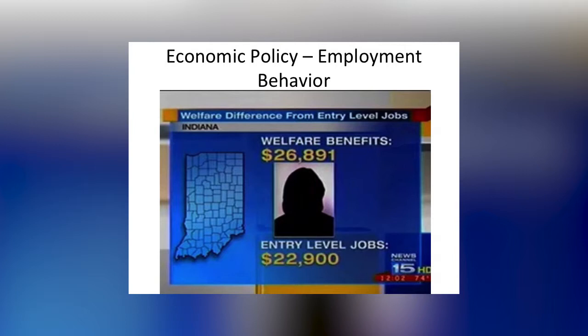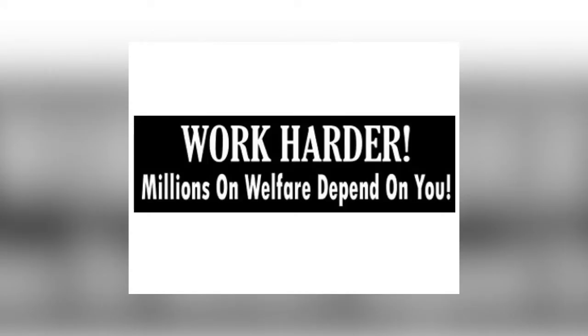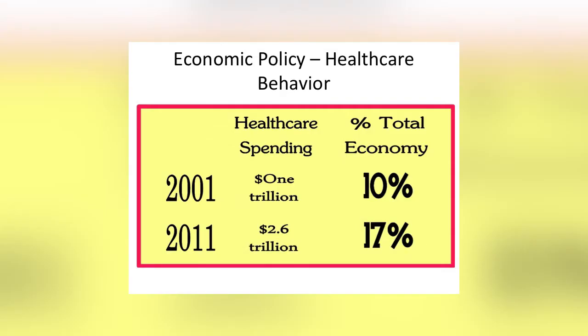Have you ever seen a bumper sticker such as this? Welfare reform is a very hot topic in our society. Another example is healthcare. With Obamacare, the government is trying to promote healthcare amongst all U.S. citizens by creating a penalty.